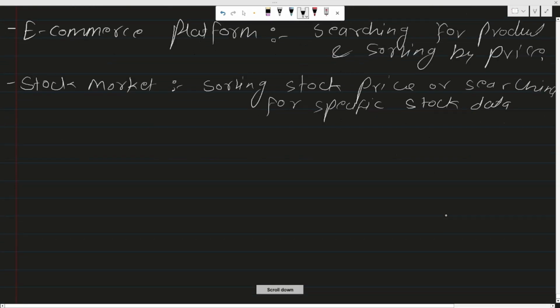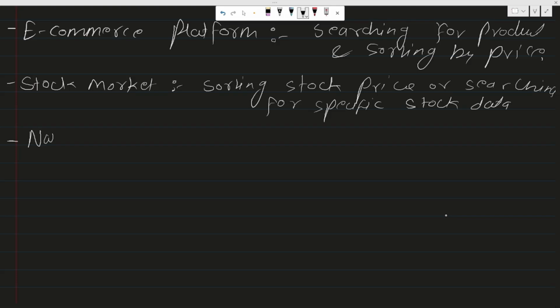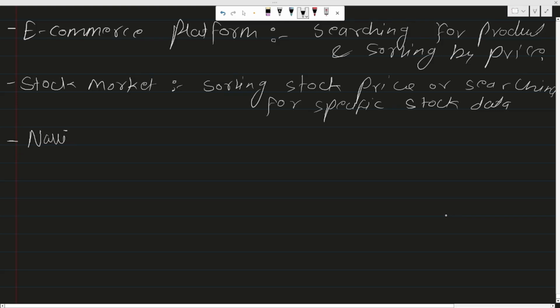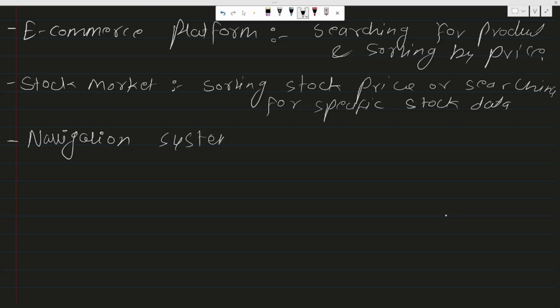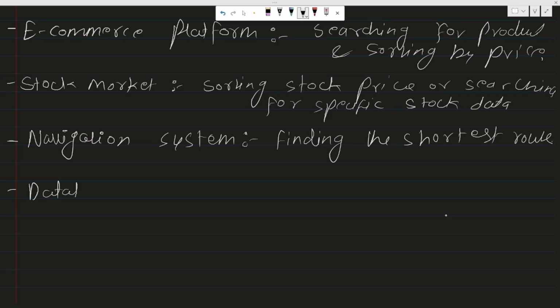The third one is the navigation system: finding the shortest route.